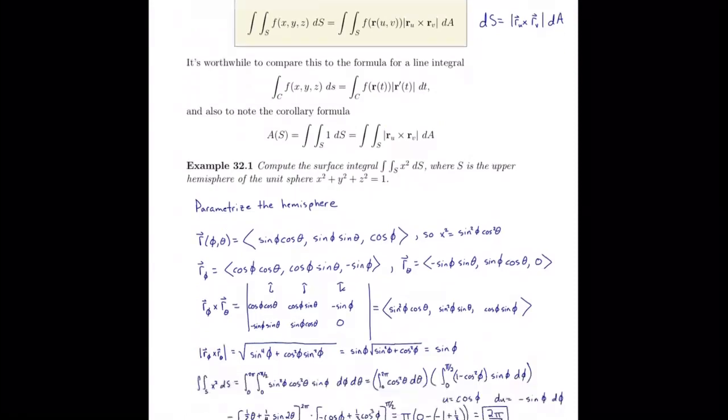Okay, they ask us first to compute the surface integral, the double integral over S of x squared dS, where S, our surface, is the upper hemisphere of the unit sphere centered at the origin, just to make that short.